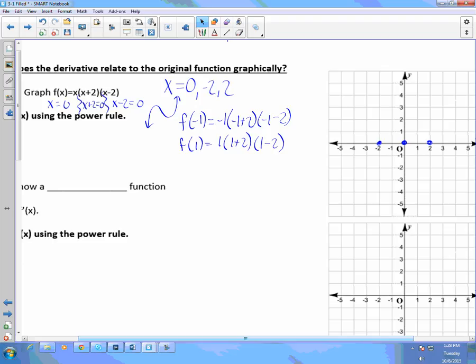Okay, what do you get when you plug in -1? 3. What do you get when you plug in +1? -3. Good, good. So I'm going to get you a pencil because I'm going to be plotting multiple graphs on the same coordinate plane.